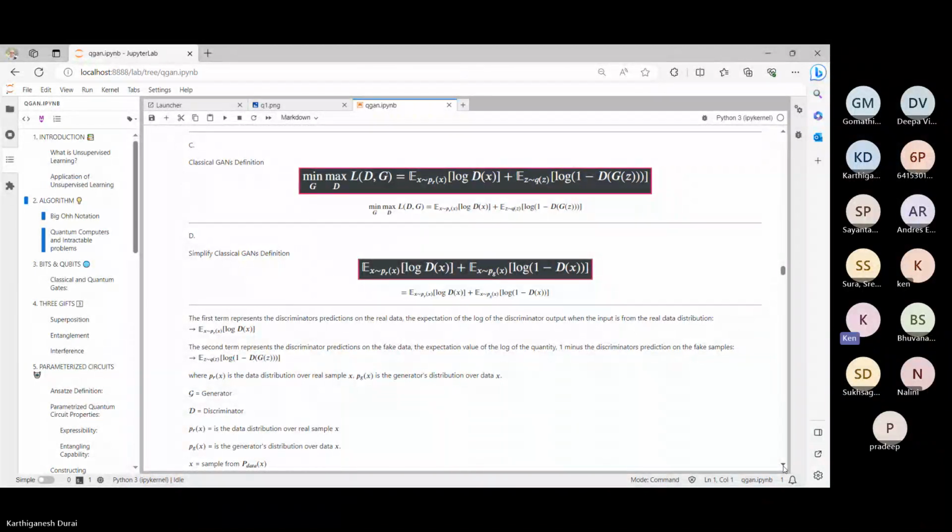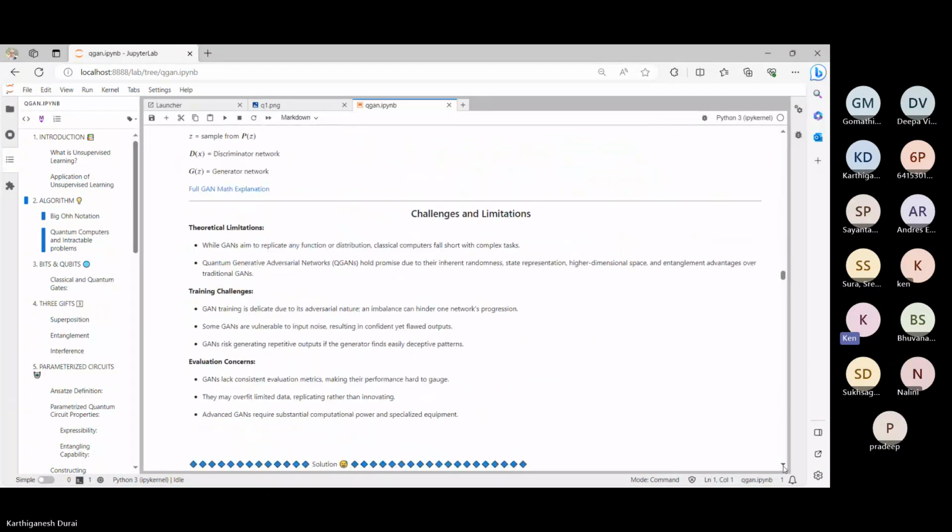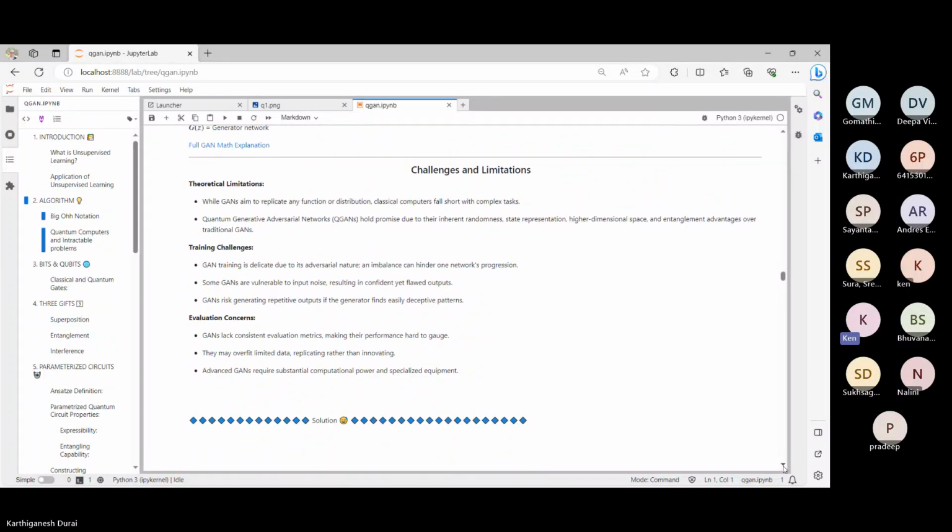Okay, so now we could jump directly to the training challenges and evaluation concerns. So if you could scroll down, challenges and limitations, perfect. So theoretical limitations. Classical computers fall short of complex tasks naturally. And the way we'll overcome this is with quantum computers.